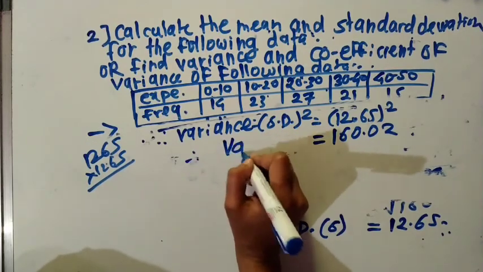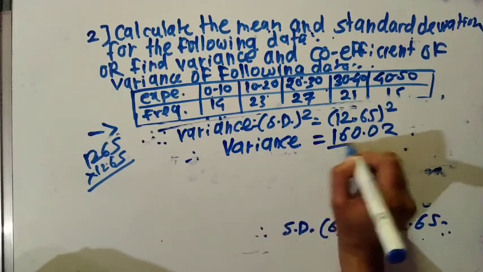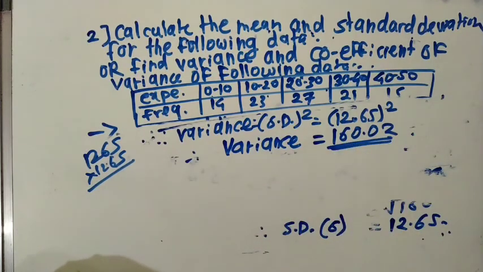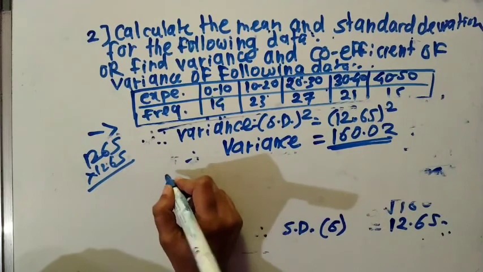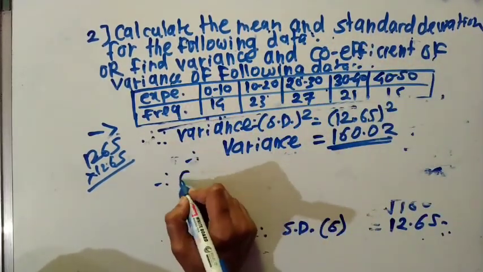Hence variance is equal to 160.02. Then lastly we find out the coefficient of variance.